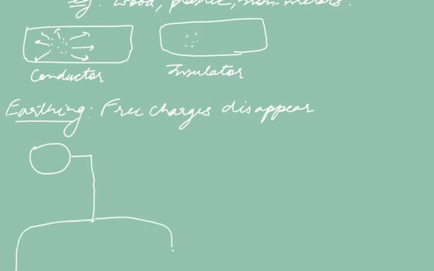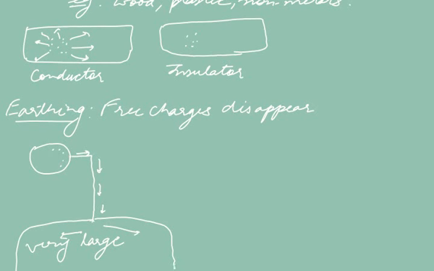This is a very large object which can absorb any amount of charge which is provided to it. So if there is any free charge on this object, it will flow through that conductor to the very large object, and that charge will disappear from this object.